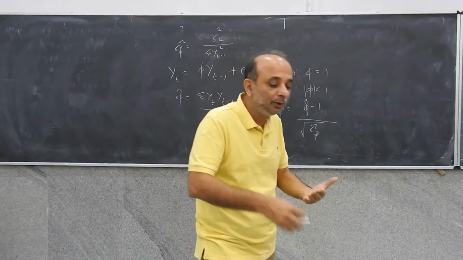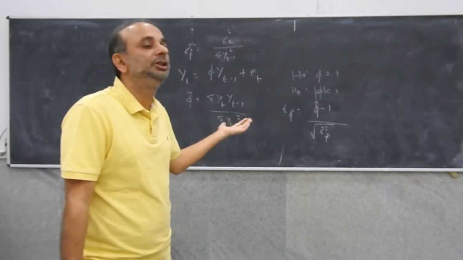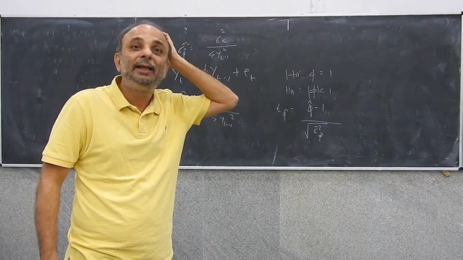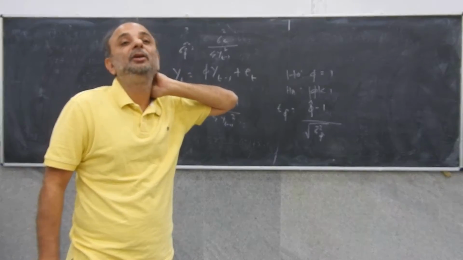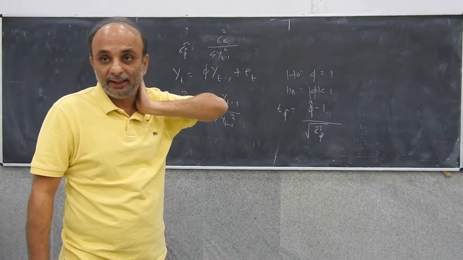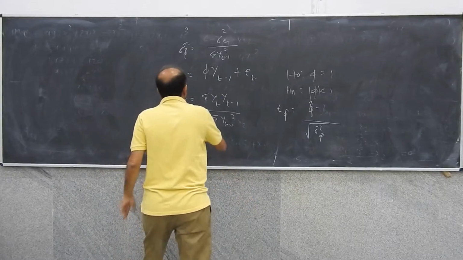Okay? So what you do, that was the test. The procedure was proposed by Dickey and Fuller sometime at the end of the 70s and the early 80s, right? The process goes like this.